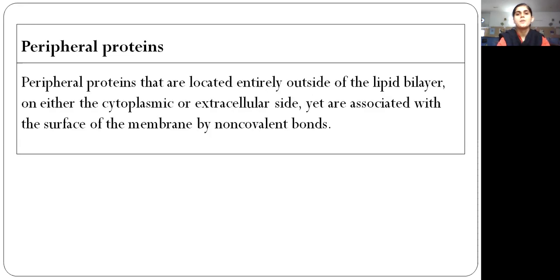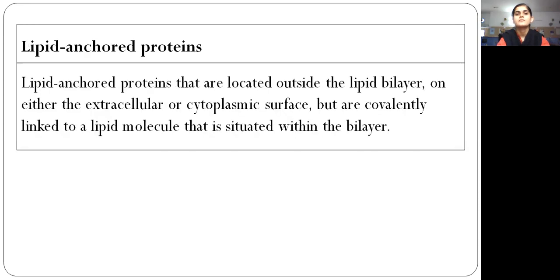Second is the peripheral membrane protein. This protein is located at the outer side of the membrane, either on the cytoplasmic side or the extracellular side, and it is associated with the surface of the membrane by non-covalent interaction. Third is the lipid-anchored protein. Lipid-anchored protein is present outside the lipid bilayer, either extracellular or cytoplasmic. It is covalently linked with a lipid molecule situated within the bilayer.